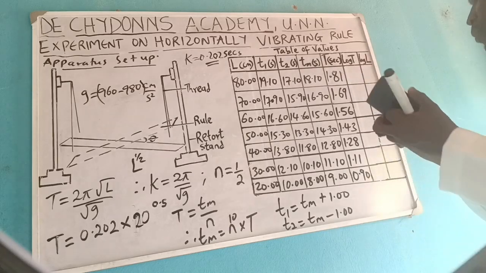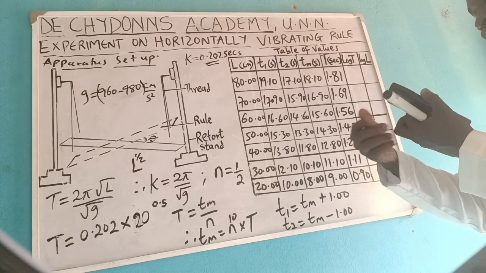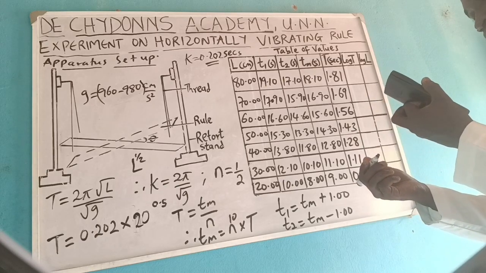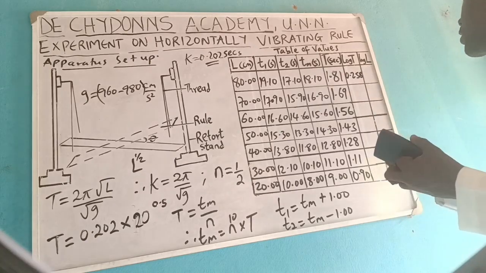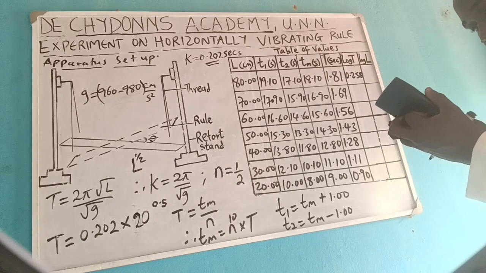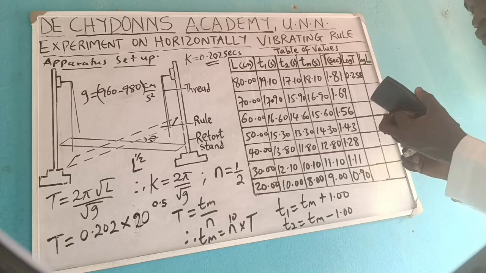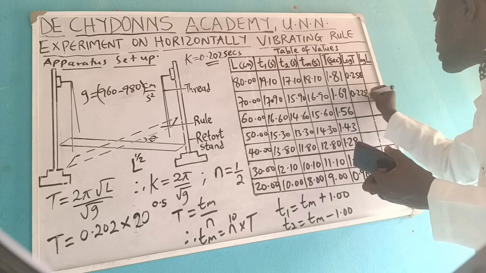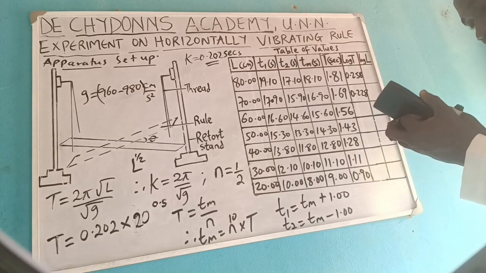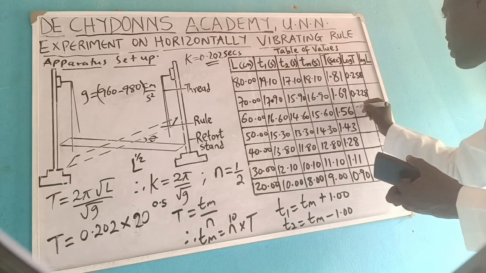Get the log of 1.81. Log 1.81 is 0.258. Log 1.69 is 0.228. Log 1.56 is 0.193.